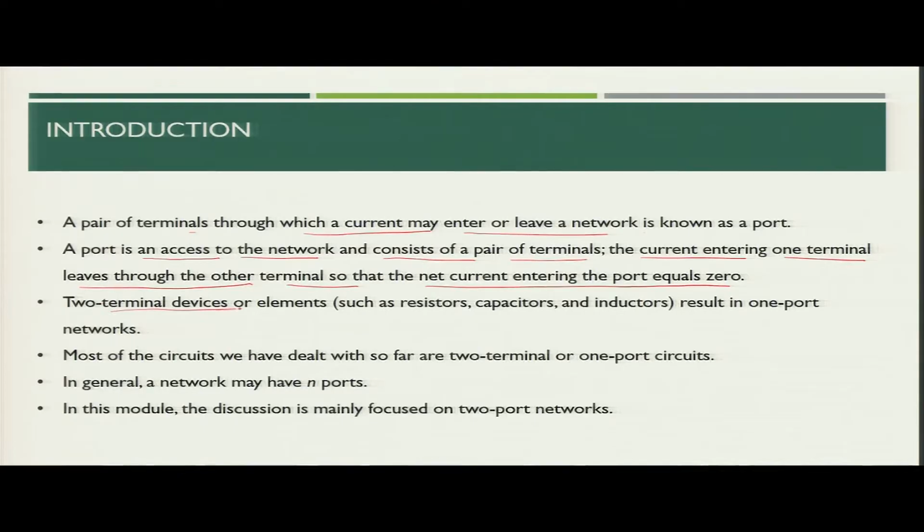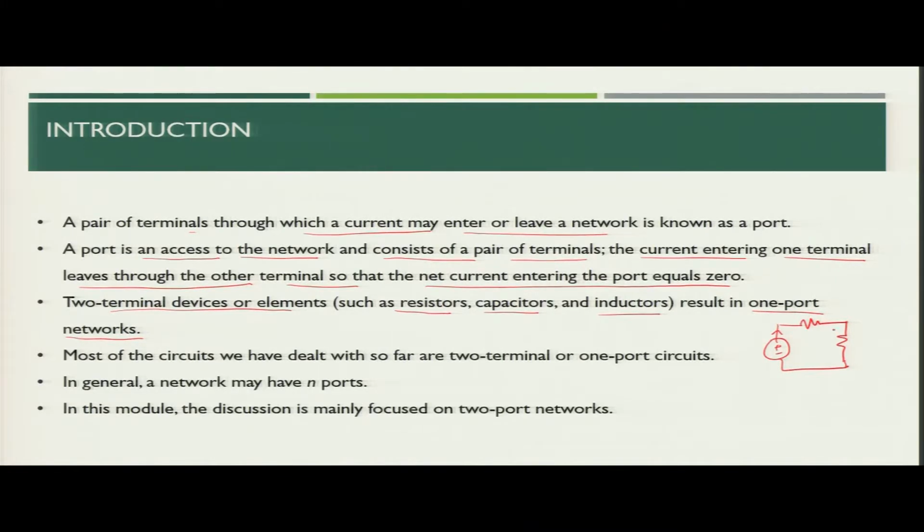Now, two terminal devices or elements which we discussed till now, such as resistors, capacitors, inductors, are called a one port network. So, that means what we have discussed till now were circuits like this, where we have the resistances and we try to find out the current flowing through the network.